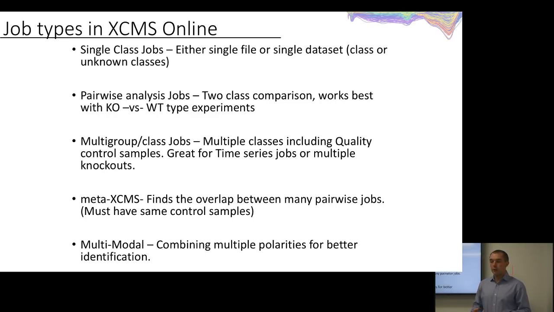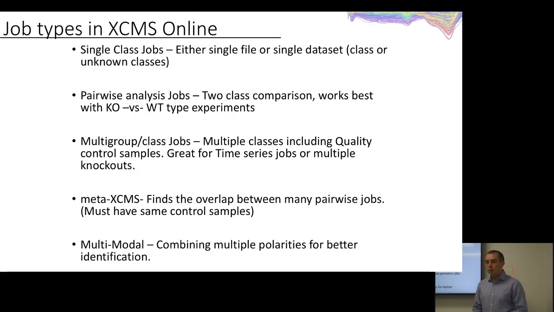The first is the single class job, which, just as the name sounds, is where you have either a single file or a group of files which don't have any class to them, and you want to run this and get a peak list, a feature list back, so that you can start to see what's happening in your data set.